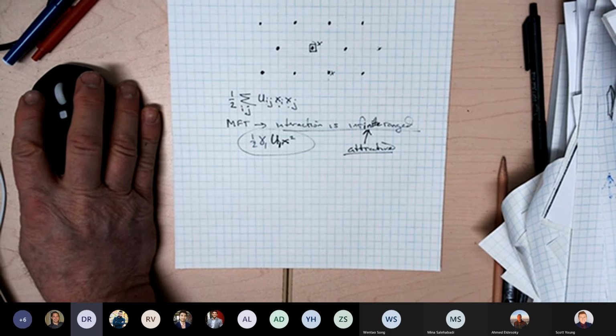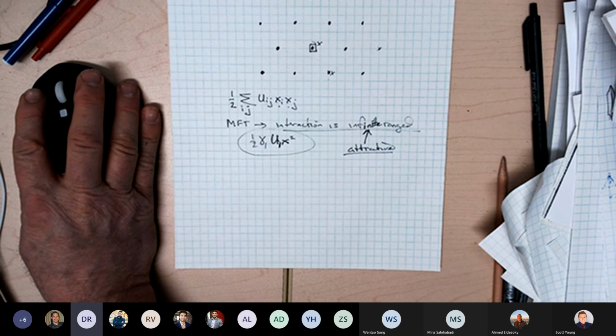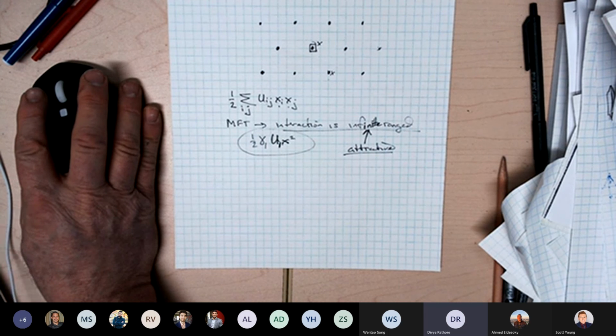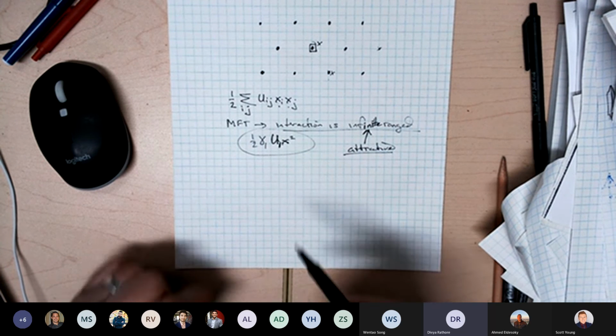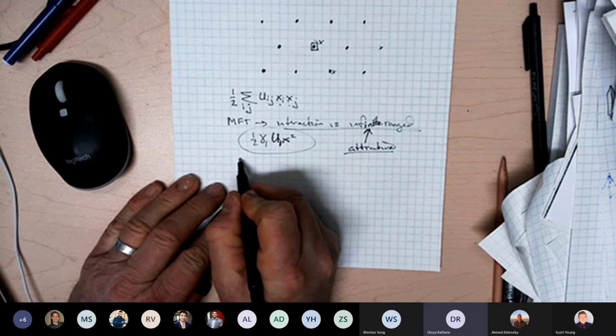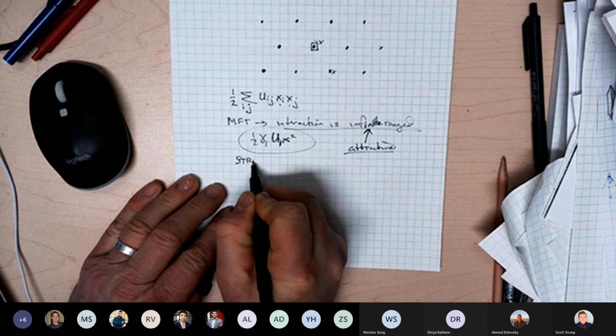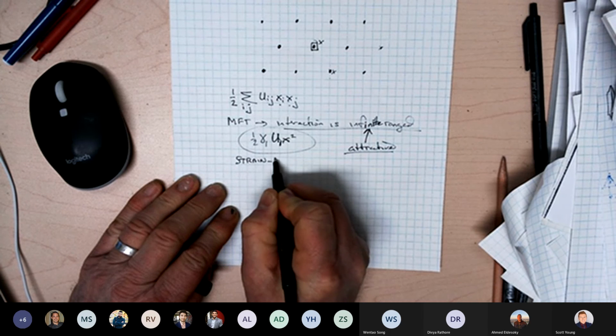So I'll give you guys a clue. Oh, somebody's going to say something. Go ahead. Can we extend the strain-mediated attractive interaction over the whole layer? So can that result in an infinite ranged interaction? That's exactly right. It's coming from the strain-mediated attractive interaction.